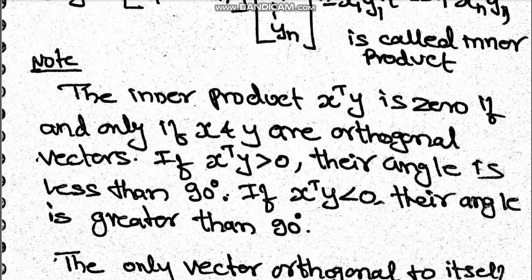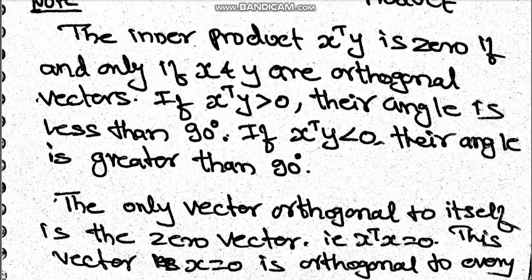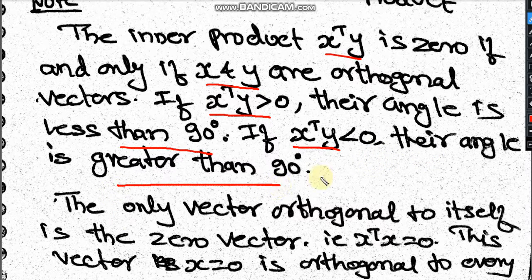So you can make a note that x transpose y is 0 if and only if x, y are orthogonal, as I told you. And if the value is greater than 0, then their angle is less than 90 degrees. And if x transpose y is giving you minus values, less than 0, then their angle is greater than 90 degrees.